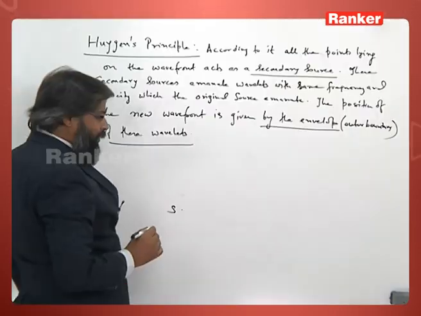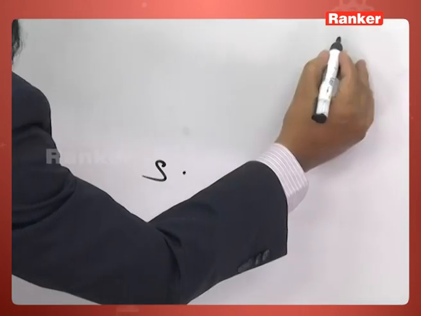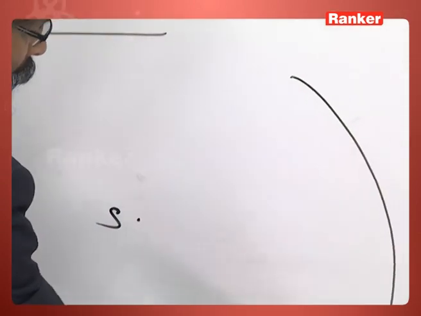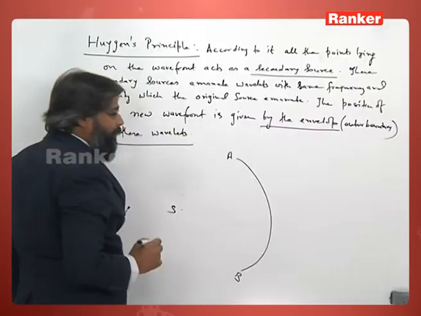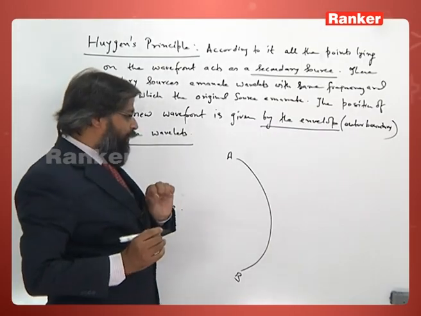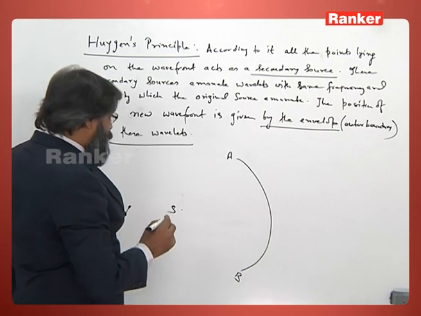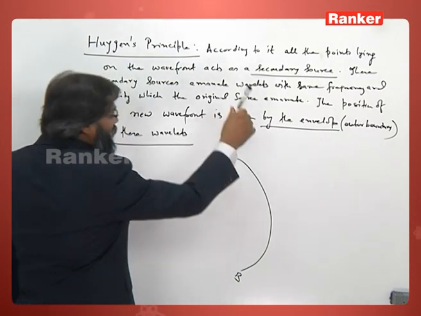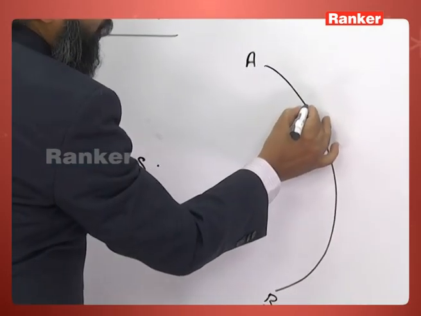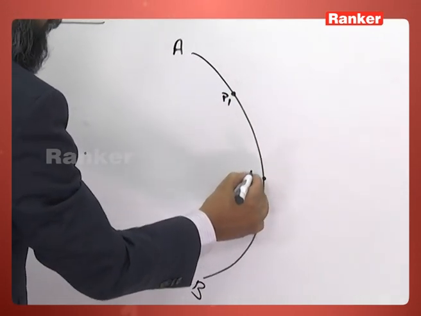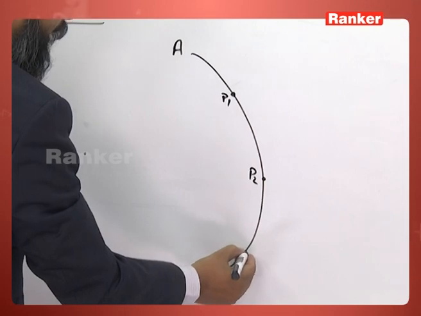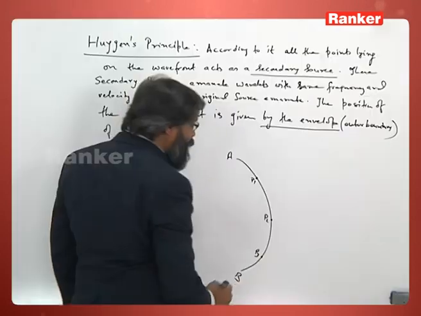This is my source, and at some time, suppose AB is the wavefront. This is the primary wavefront, and according to Huygen, all the points lying on it, I call this P1 point, this P2 point, and this P3 point.